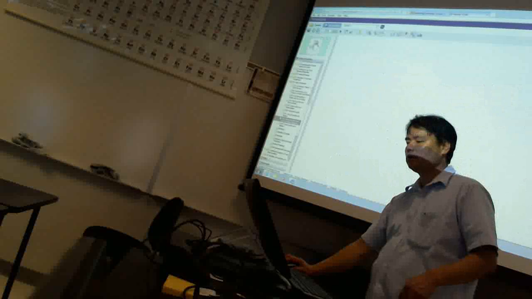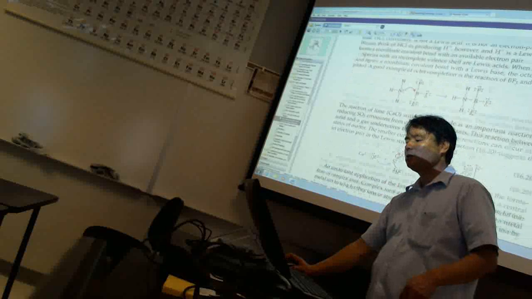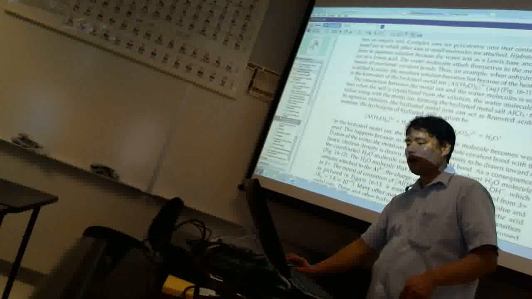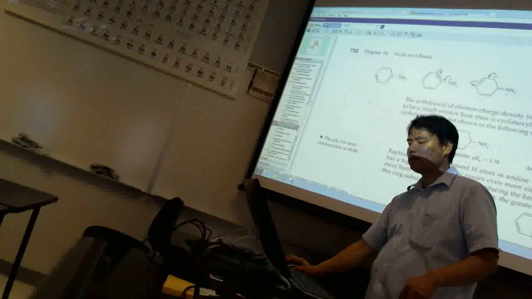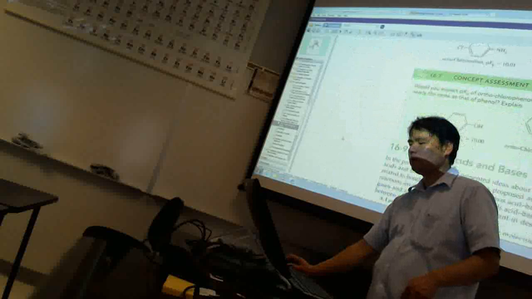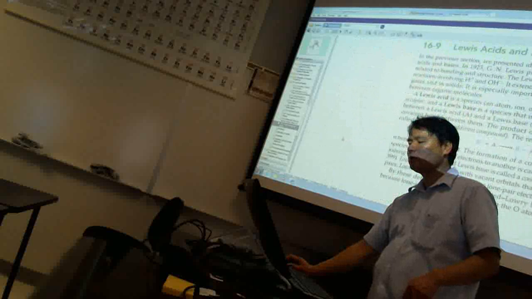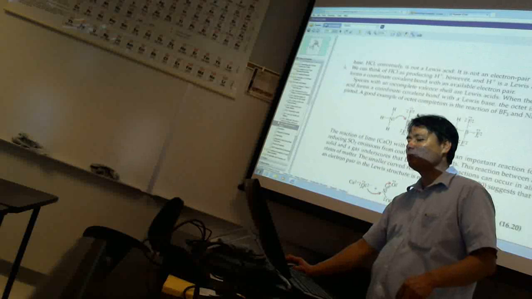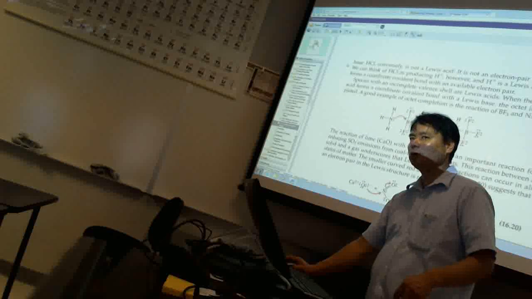16.9 talks about Lewis acids and bases. Do you remember what a Lewis acid is? No. Electron pair acceptor. A Lewis base? Electron pair donor. Do you remember the example I did with carbon dioxide and water?